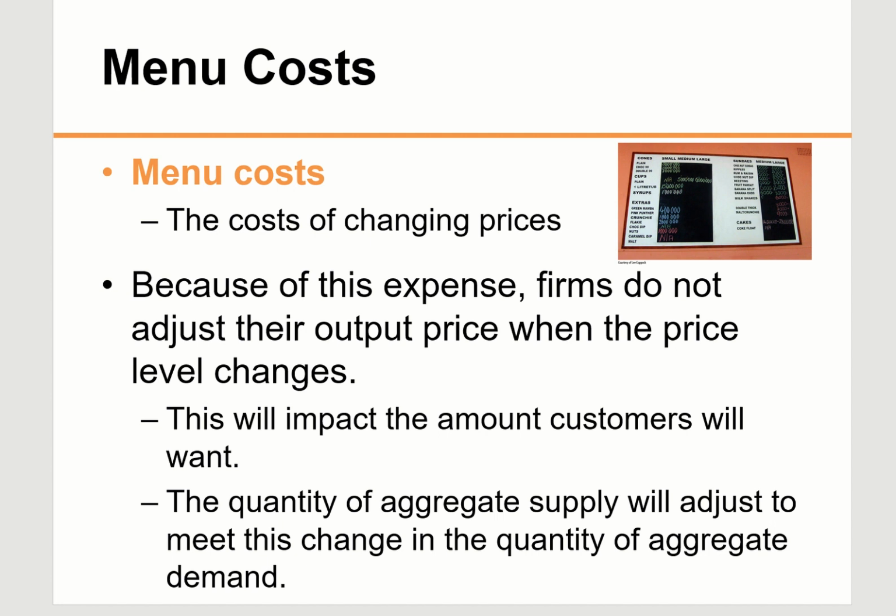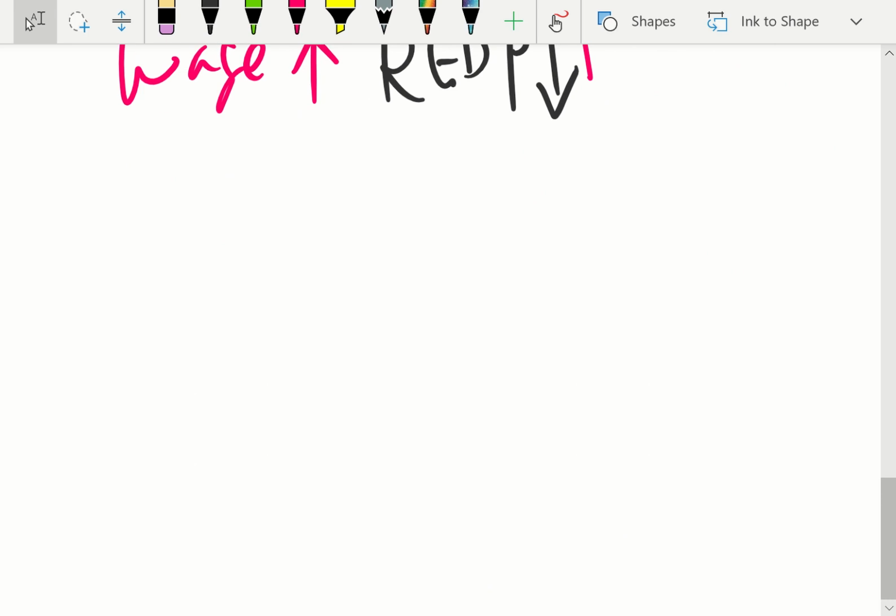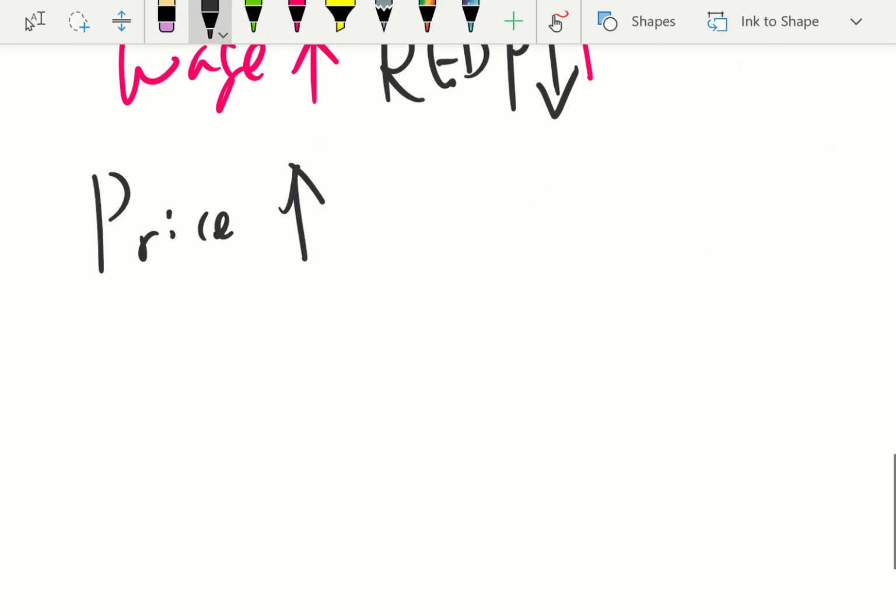So once you have this menu cost keeping prices the same, when the price level changes, this will be the price of everything else in the economy.